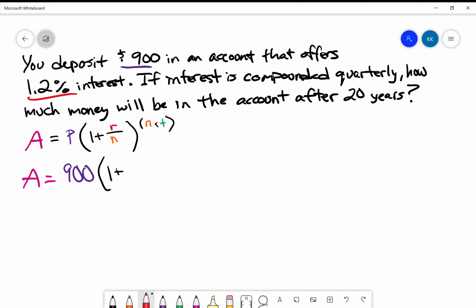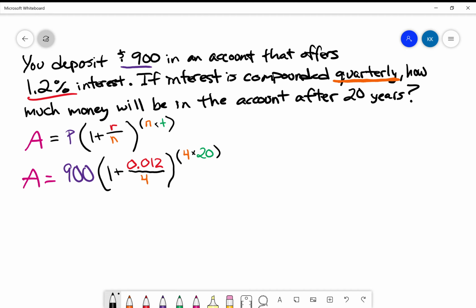If you divide that by 100, you get 0.012, and that's divided by n. And for our n value, you look for if interest is compounded quarterly. There are 4 quarters in a year, so it's compounded 4 times in a year. And that's being raised to the power of 4 times how many years? 20. Cool.